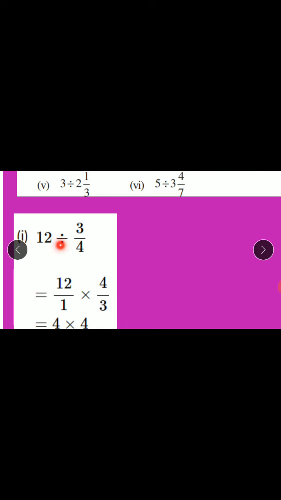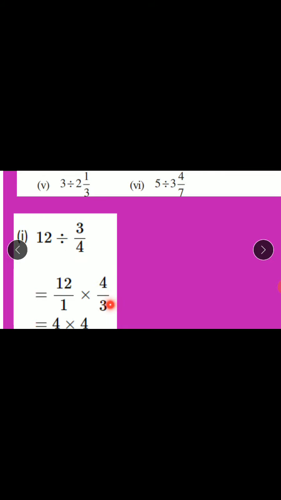We cannot divide the fractions directly, right? So we are going to change the operation. The division is becoming multiplication. After placing this multiplication, and this is the divisor, we have to find the reciprocal of 3 by 4, the multiplicative inverse of the divisor.